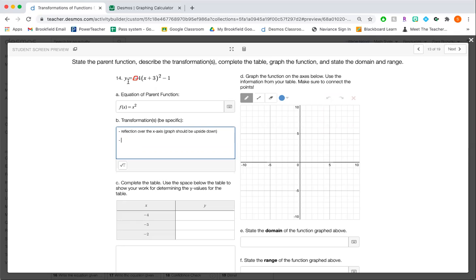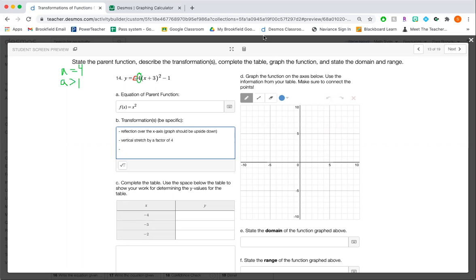Then I have a 4 here. That tells me that that's my A value. That tells me that my graph is going to be skinny, which means they're going to stretch it. So this is going to be a vertical stretch by a factor of 4.